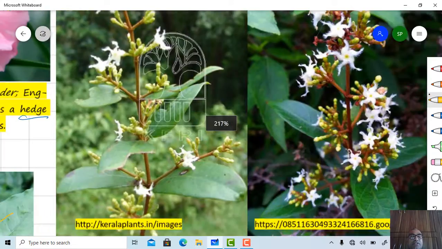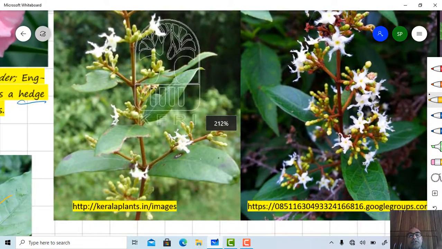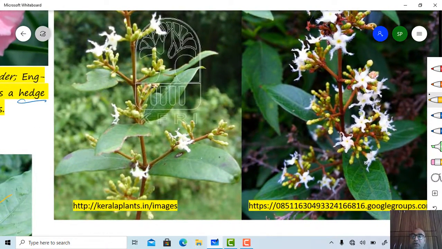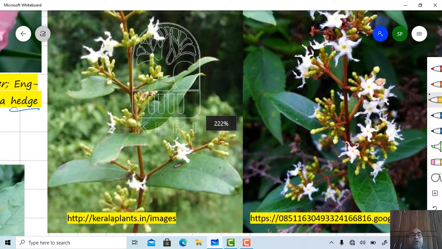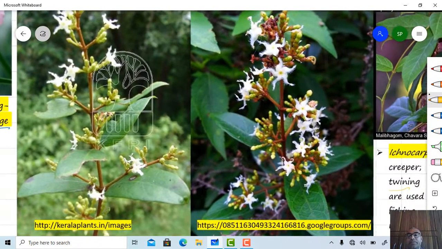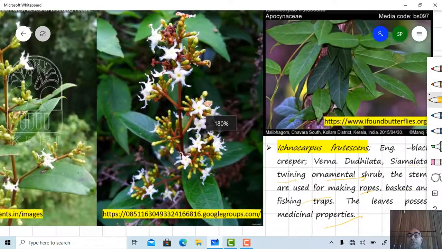Actually the stem possesses a fibrous nature and these fibers are used in the rope industry, or fiber industry. So in this plant, just observe the nature of the stem, then leaves and type of inflorescence here. This one again, figure.